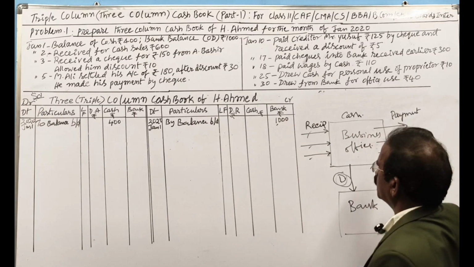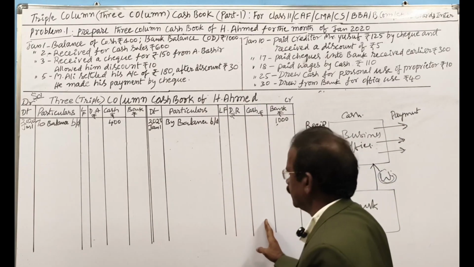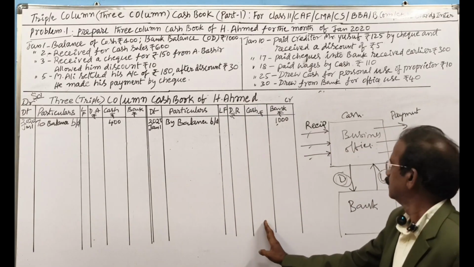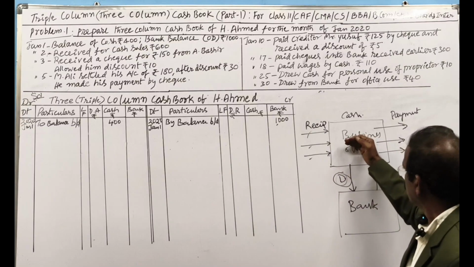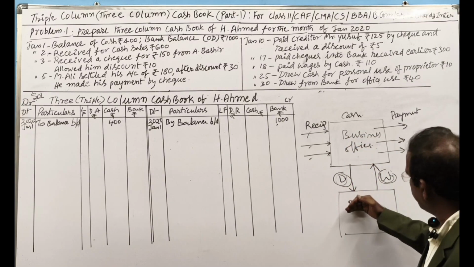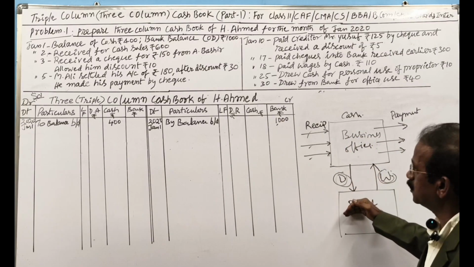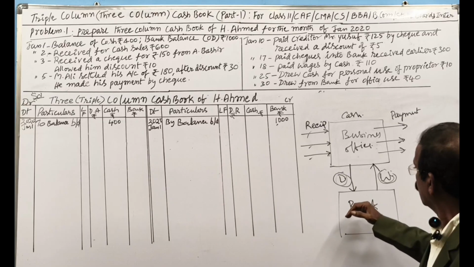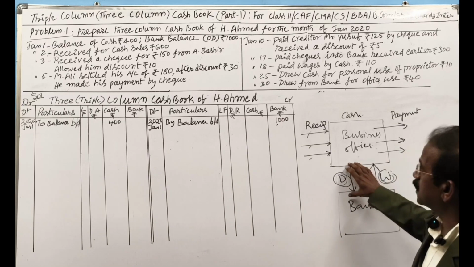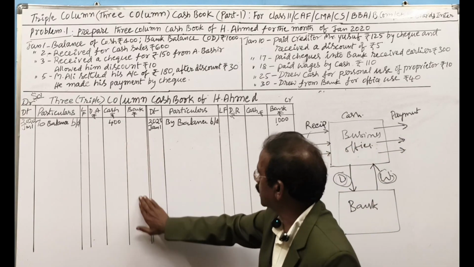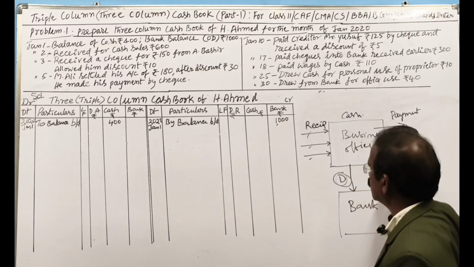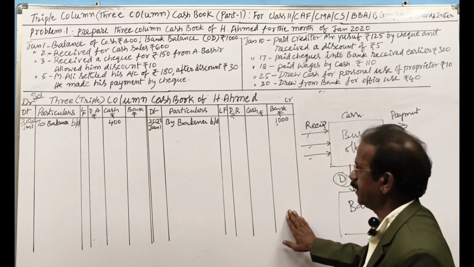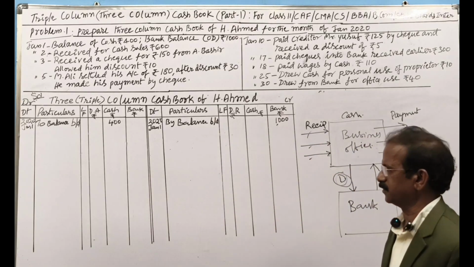Whenever cash outflow is there, we have to record here. Right? Then, whenever you deposit cash into the bank, these deposits are to be recorded on the debit side and these withdrawals are recorded on the credit side. This is the basic rule.